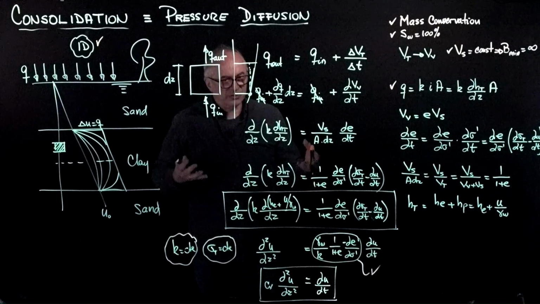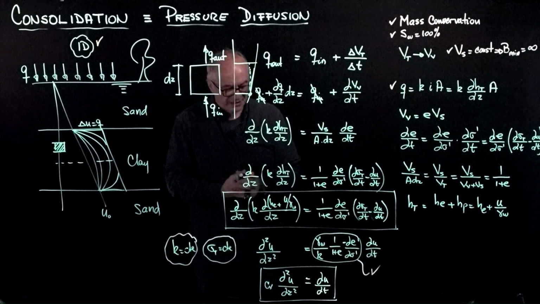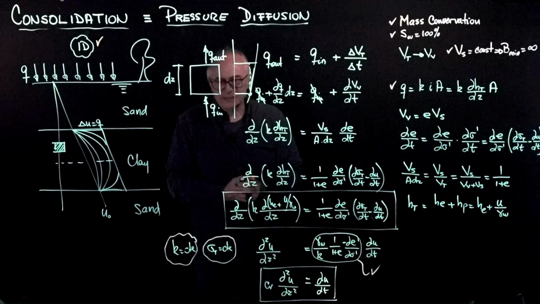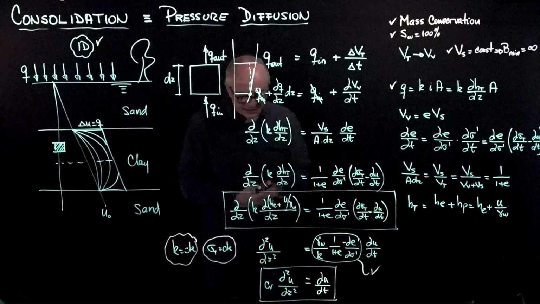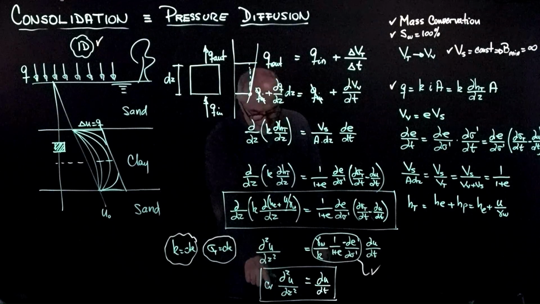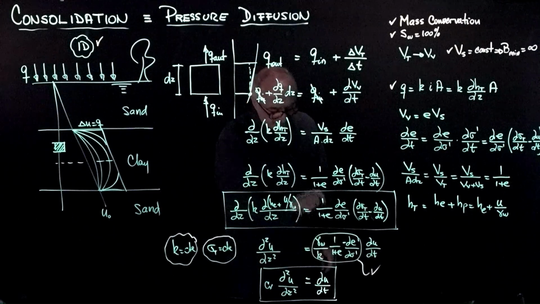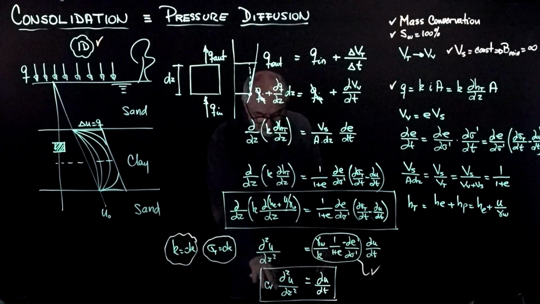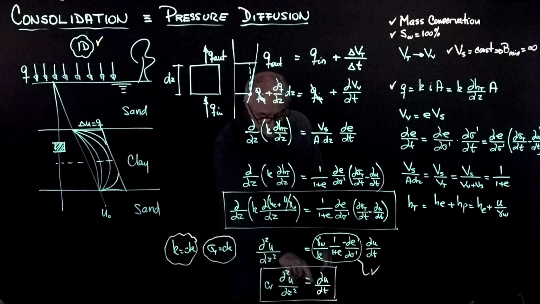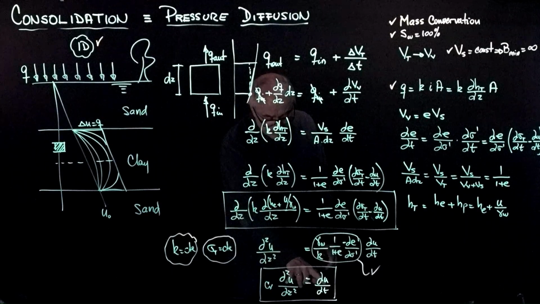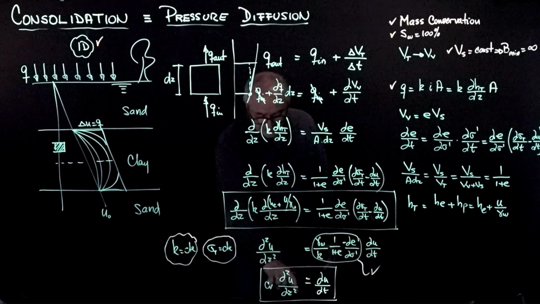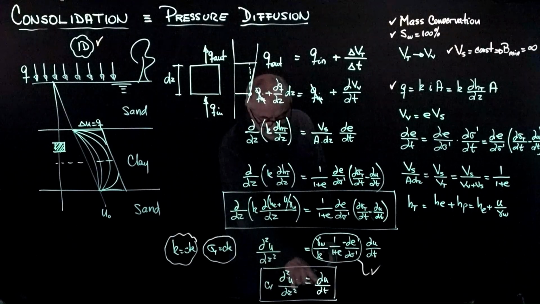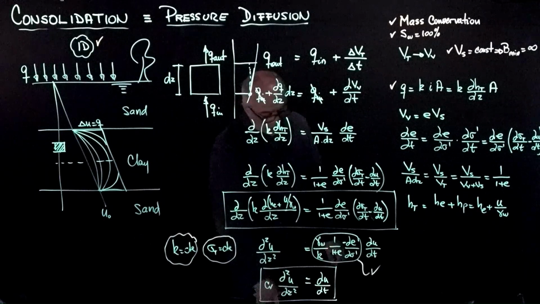Before we go to the next step, let's complete here by making a couple of additional comments. One is that if you look at the units of CV, and you can look at it coming from permeability, the effective stress and the unit weight, the units of pore pressure will cancel out, kPa, but the units of CV have to be the inverse of time with respect to distance squared.